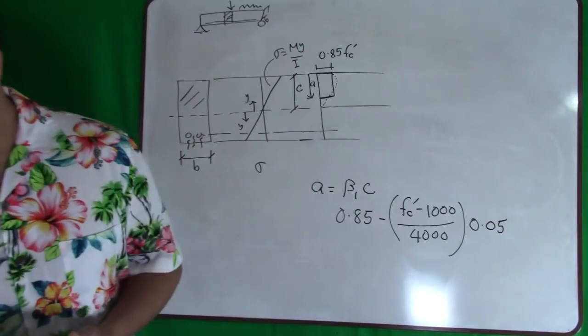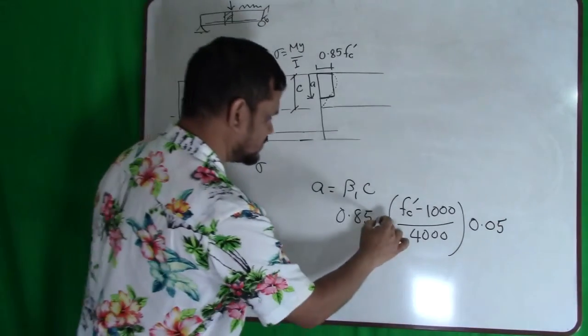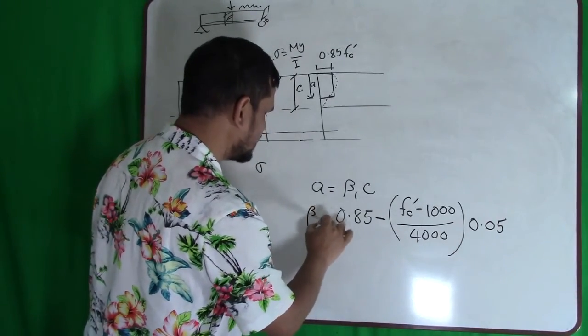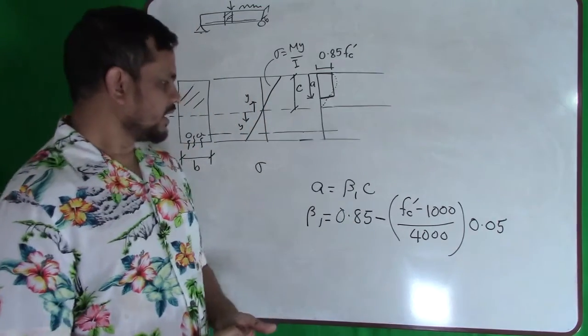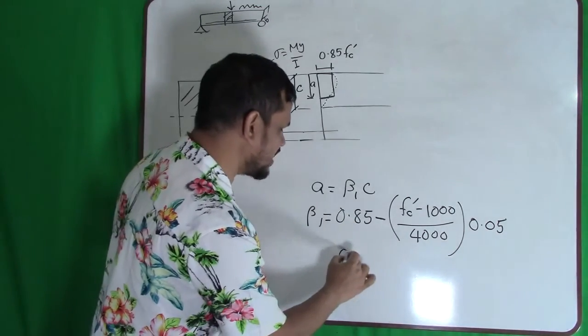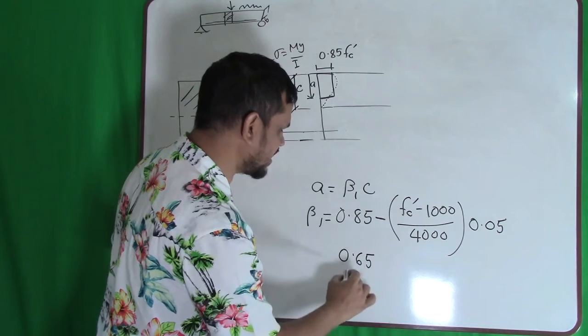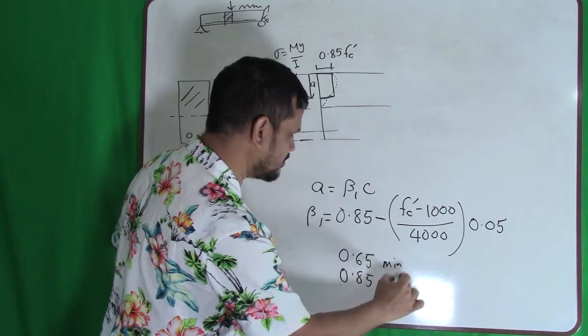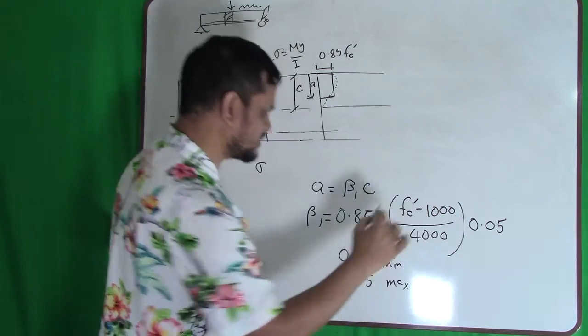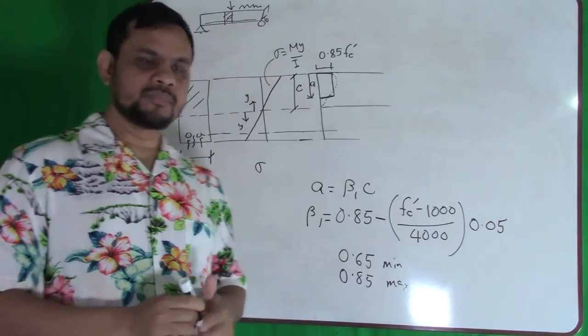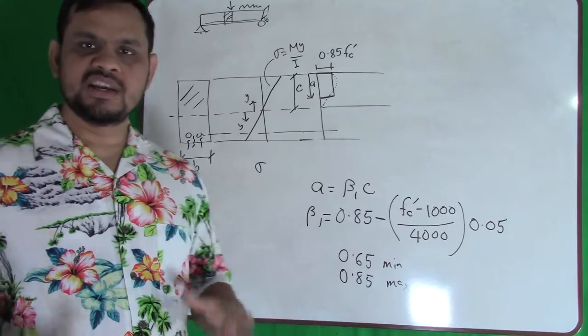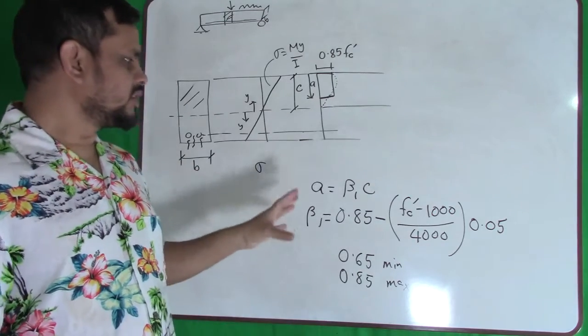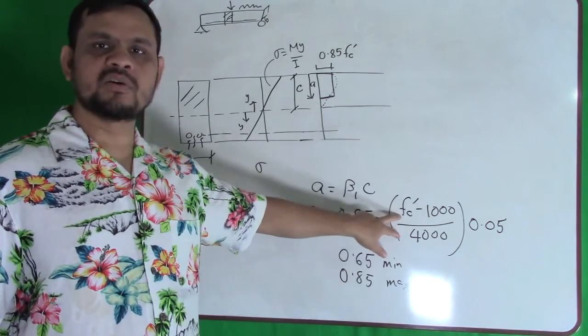Let me check again. Yes, I am right. So beta 1 is this. But something else, the minimum value of beta 1 is 0.65, and the maximum value of beta 1 is 0.85. So remember this. Yes, even this equation is in your FE exam, so it is important to understand. f'c is your concrete strength.